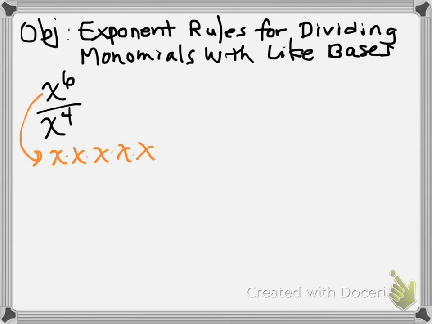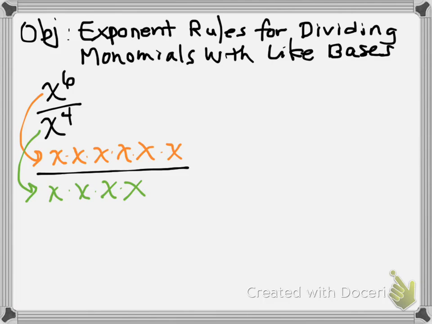One, two, three, four, five. Oops, we need one more. Okay, so that's what x to the 6th means. It means x times x times x times x times x times x. Okay, and then Matthew, what would x to the 4th mean? X times x times x times x. So we don't have quite as many x's on this one, right?